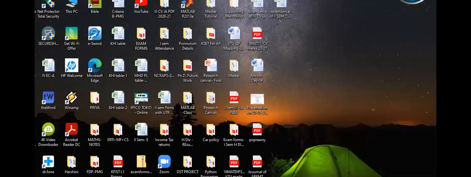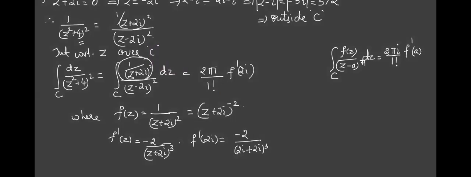Okay, now this is minus 2 upon, what is 2i plus 2i? 4i. 4i the whole cube means 4 cube and i cube. So this is minus 2 upon 4 cube into i cube.